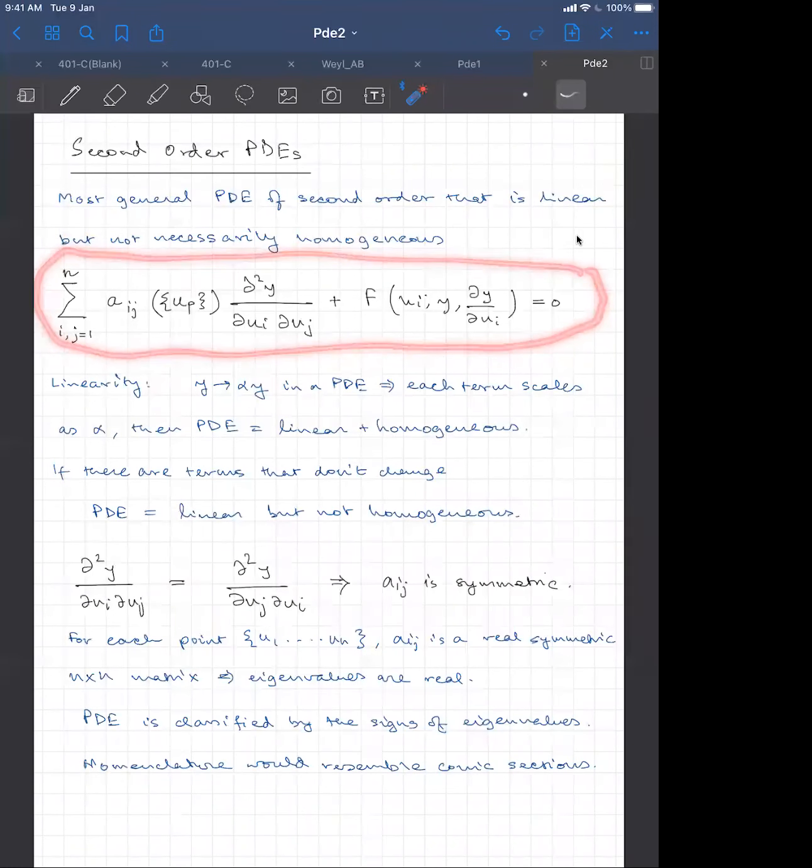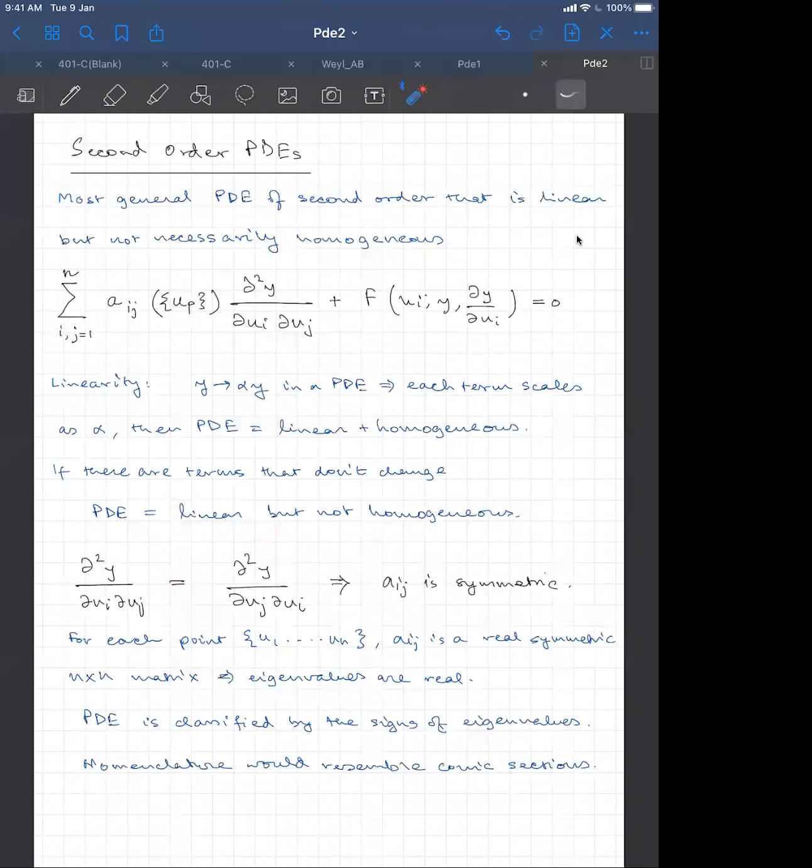So we can see that at any point, Aij can be diagonalized by an orthogonal transformation. So if the coefficients are dependent on ui, the eigenvalues can differ from point to point in an n-dimensional space.